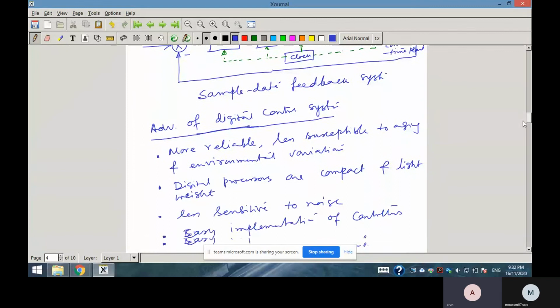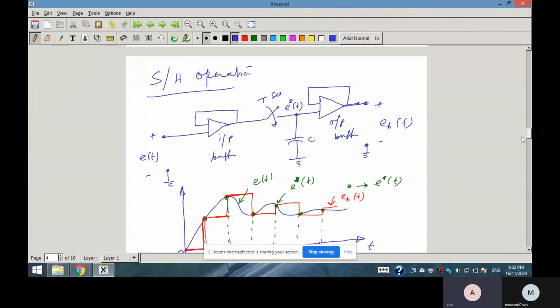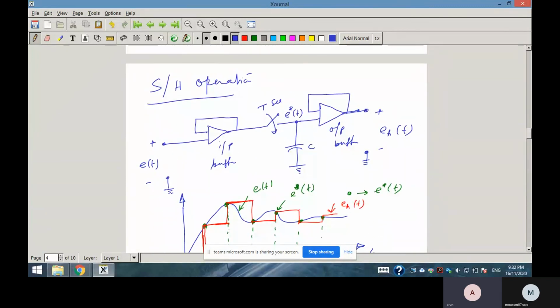So now digital control system advantages and so on. So the sample and hold operation. There are many things, but I have told you in a very shortcut way. Sample and hold operation, so this is the principle mainly. Some signal is coming and the signal is going through an input buffer.